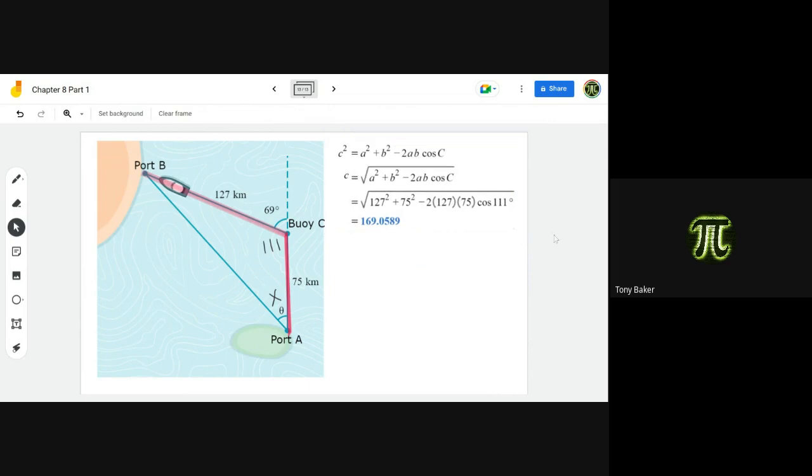All right, so that's the law of cosines part. So we know this side is 169.0, or 0.1 actually, for rounding. Now I have a pair, right? So we can do the law of sines at this point.